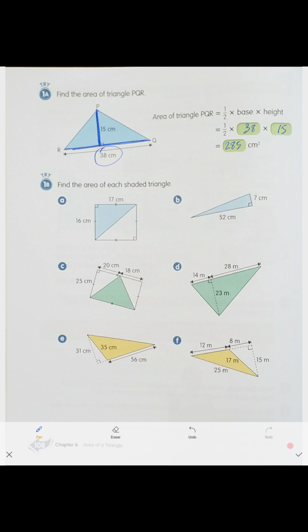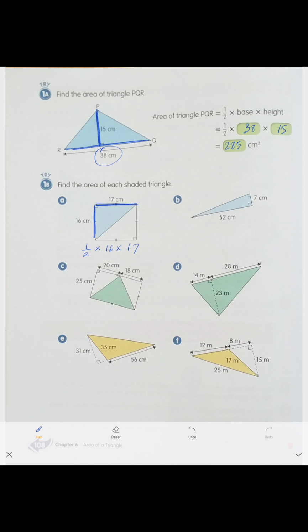Next one, find the area of each shaded triangle. Here you have a rectangle, the side of 16 and the side of 17 centimeters, right? What do you do? You multiply them and you divide by 2. 1 over 2 times 16 times 17.